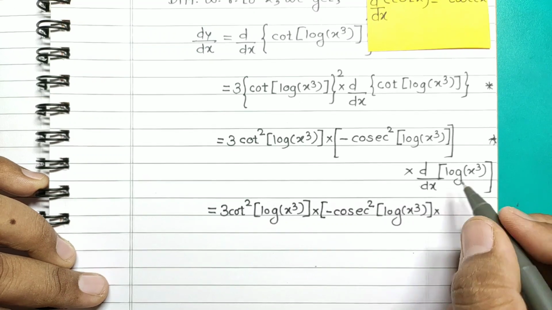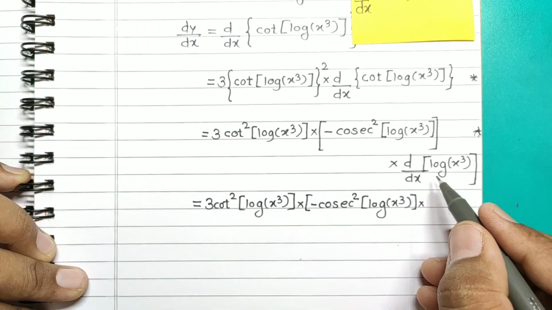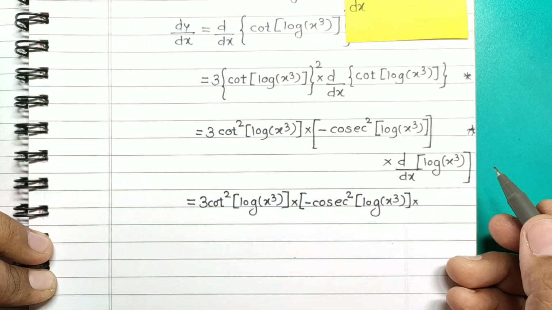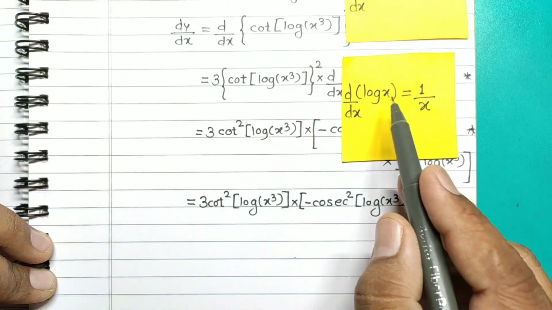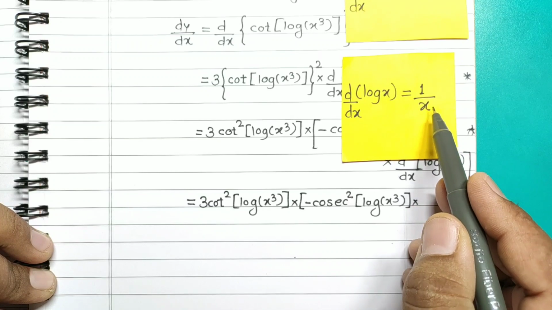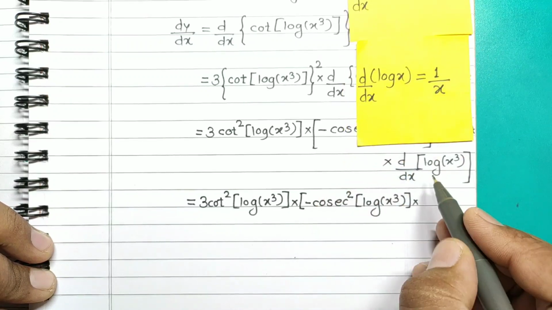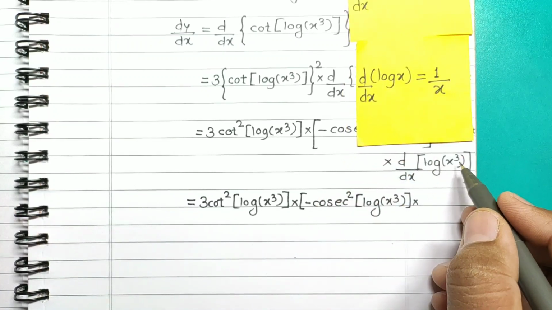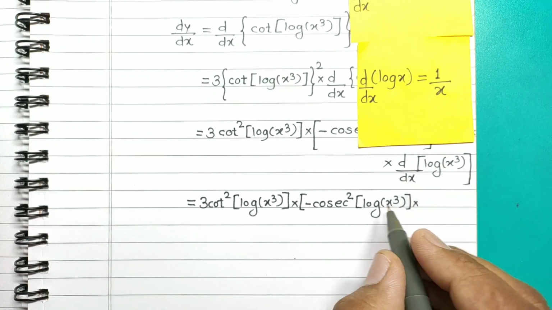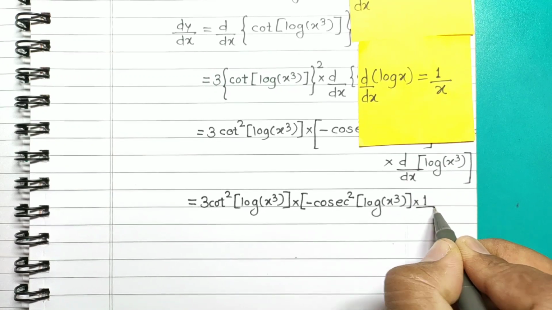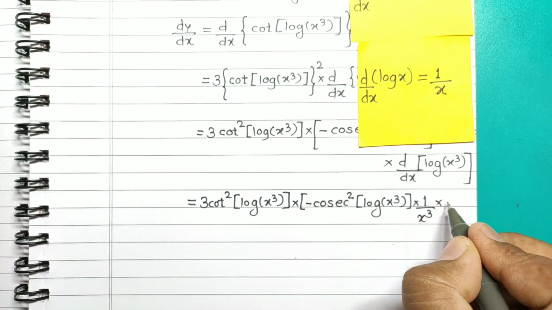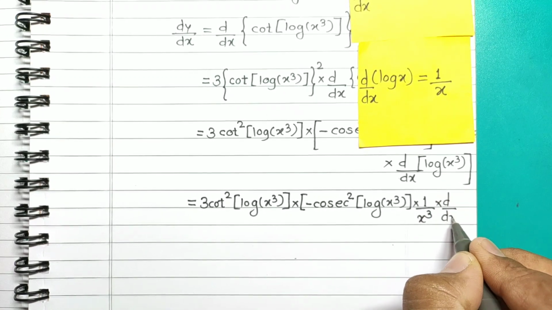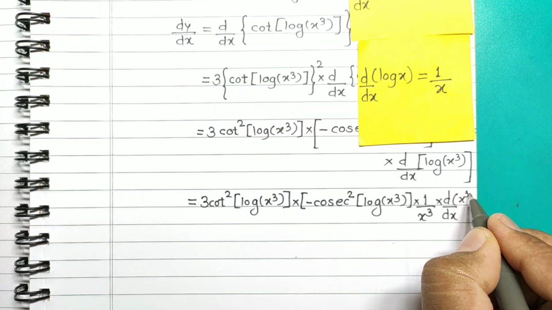Into, see again here it is a composite function, it is like log of something, and we have the standard form: derivative of log x is 1 upon x. So we are going to treat it as log of something. So its derivative is 1 upon something, 1 upon x cube, and by chain rule you multiply it by the derivative of x cube.